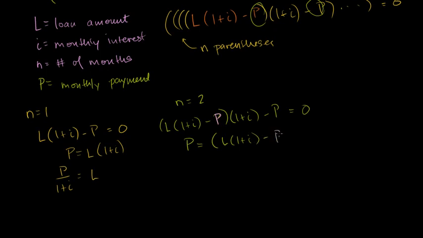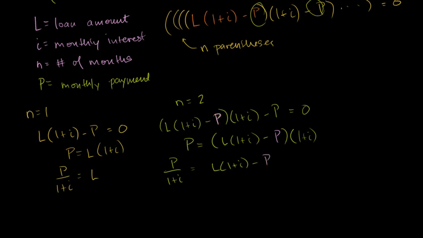They're the same p. I just want to show you what's happening algebraically. Minus that pink p times 1 plus i. Now, if you divide both sides by 1 plus i, you get p over 1 plus i is equal to L times 1 plus i minus that pink p.